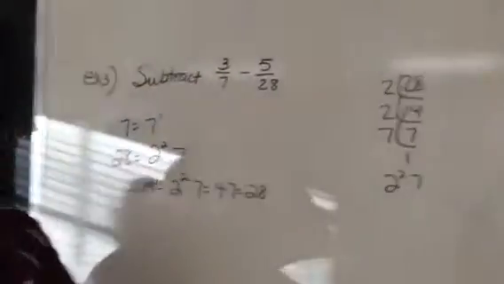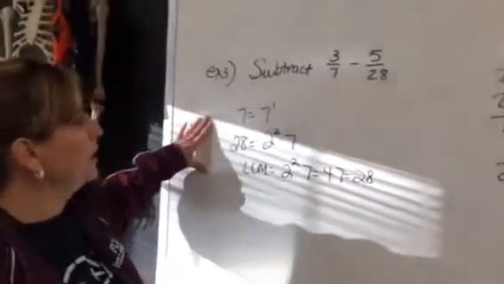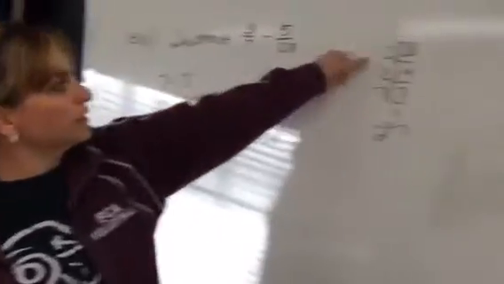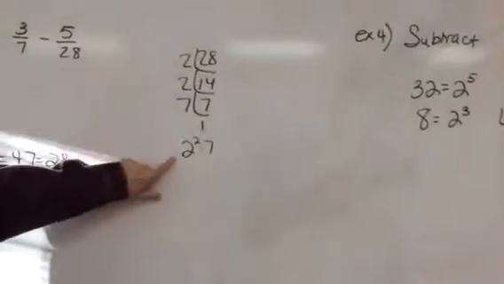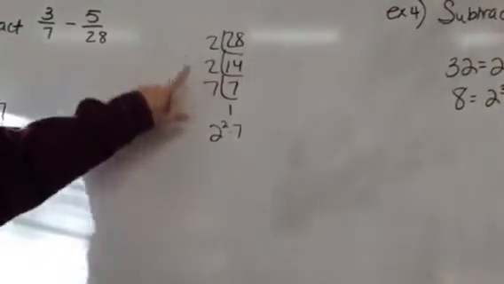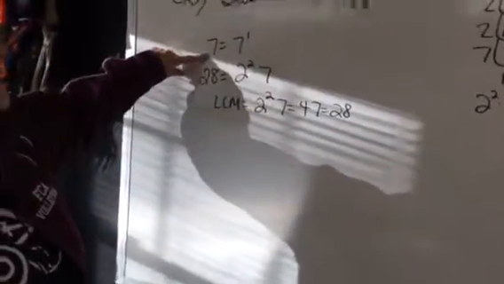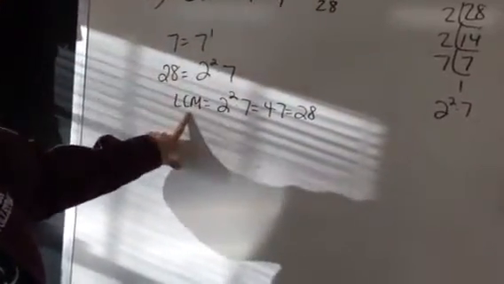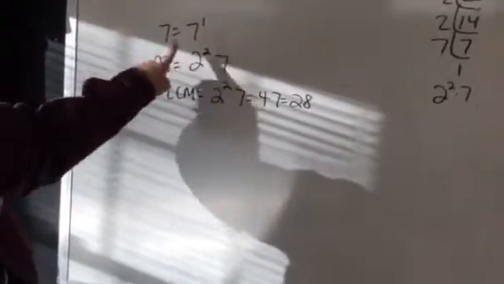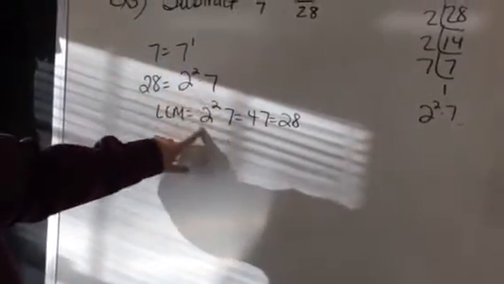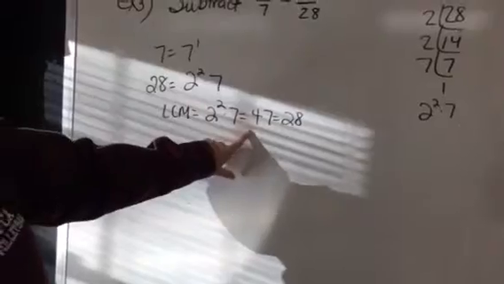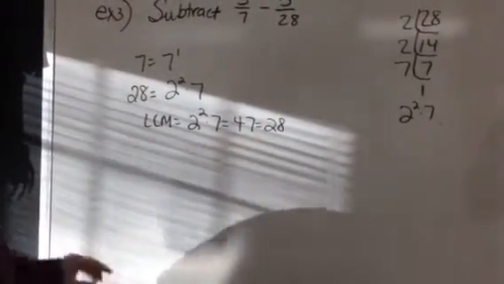Okay, over here, subtract 3/7 minus 5/28. So, again, you have to find your LCM. I did 28 over here. And I found that my 28 factored into primes is 2 squared times 7, and my 7 is 7 to the first. So the LCM is everything represented with the highest exponent, 2 squared times 7. 2 squared times 7 is 4 times 7, which is 28.